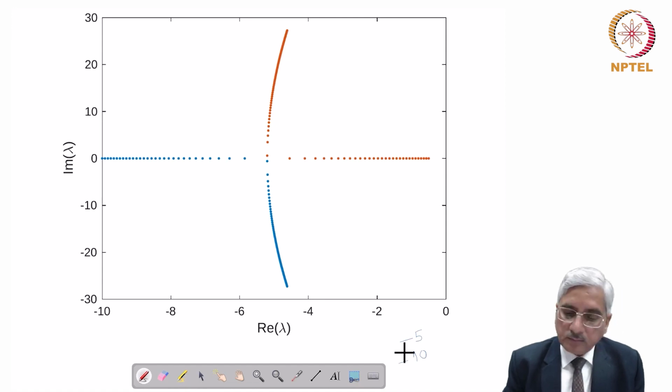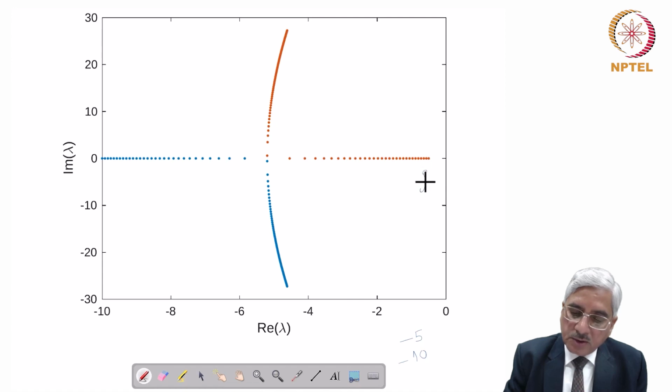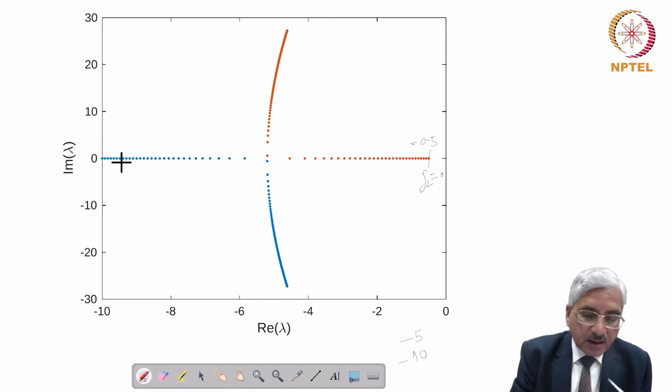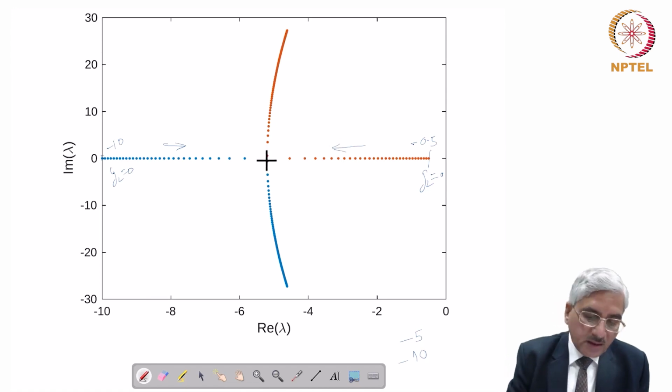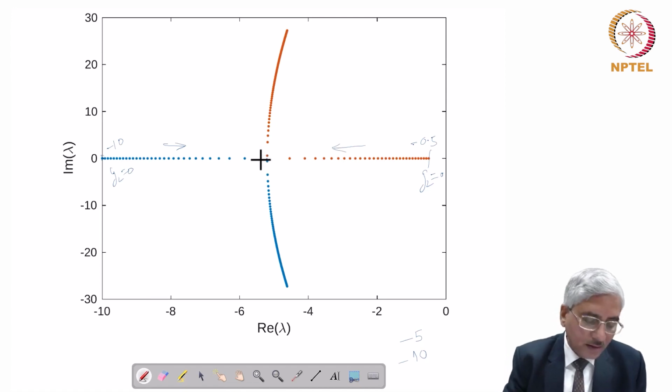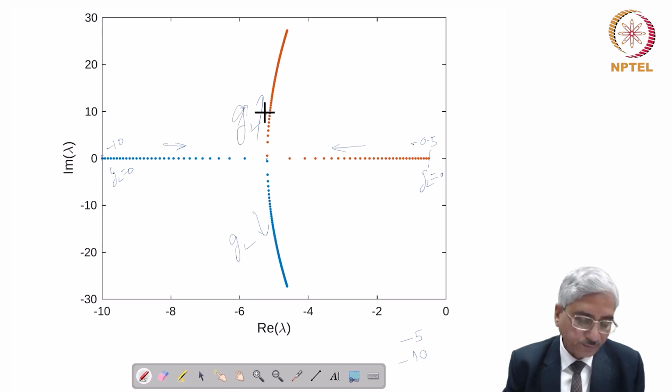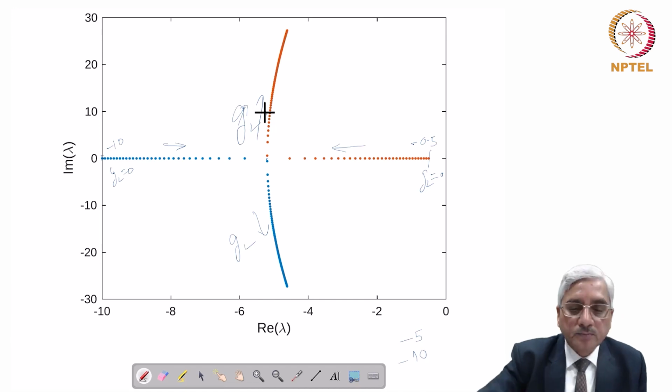For G2 equal to 0, this is at minus 0.5, and this is at minus 10. As G2 increases, they travel in this manner, opposite to each other. They meet here at this point and then break away for increasing G2 in this direction. So this is how it behaves with G2.